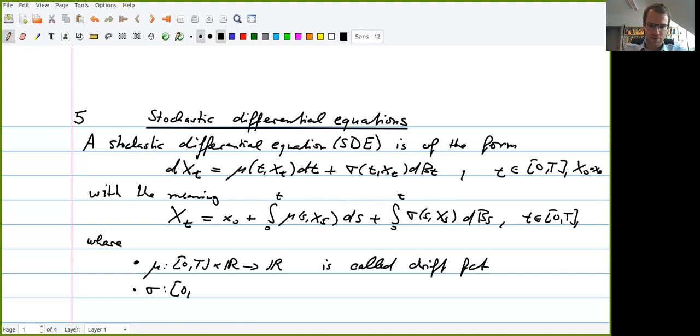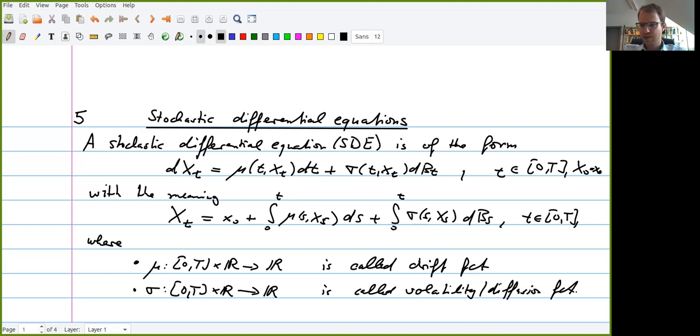Sigma is also a function from 0 to t, from R to R, and is called the volatility or diffusion function. In finance, this is usually called the volatility function, or in probability theory, it's often called diffusion.